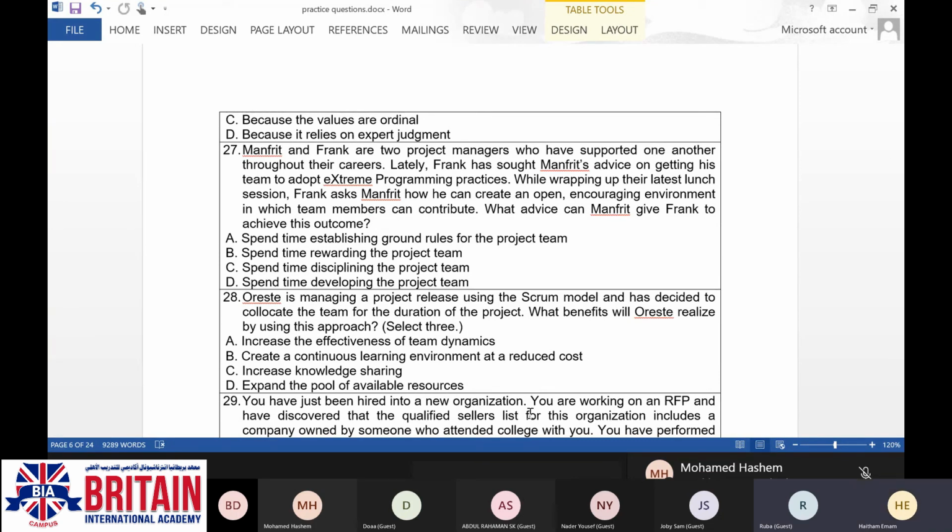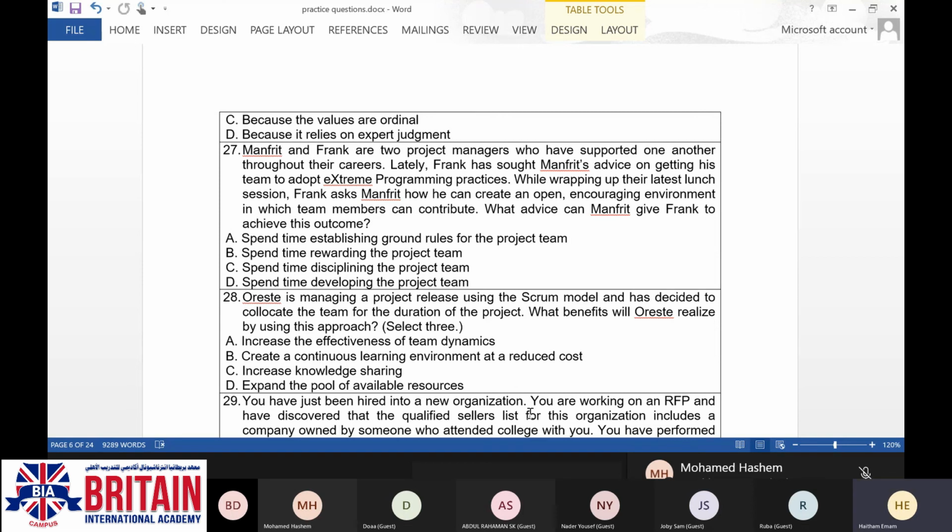Just give me a second to read the question from my end. The options are: spend time establishing ground rules for the project, spend time rewarding the project team, spend time disciplining the project team, spend time to develop the project team.